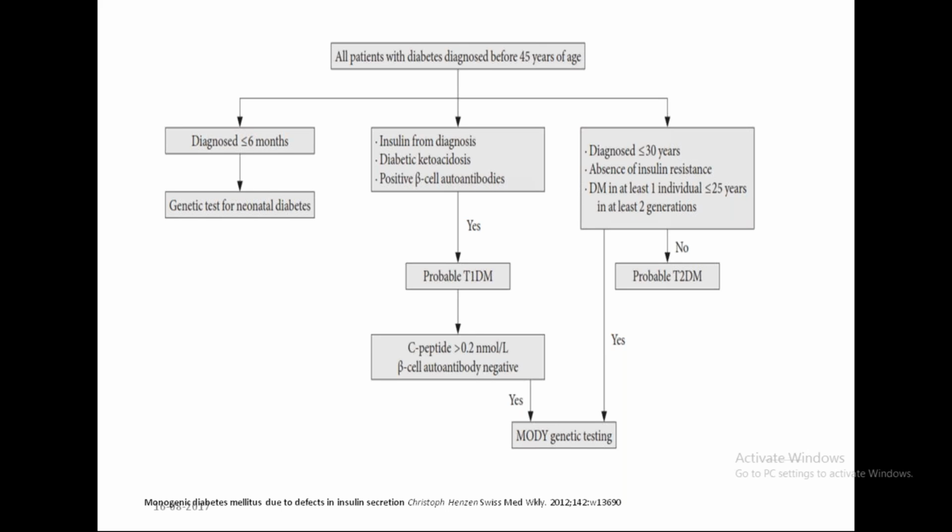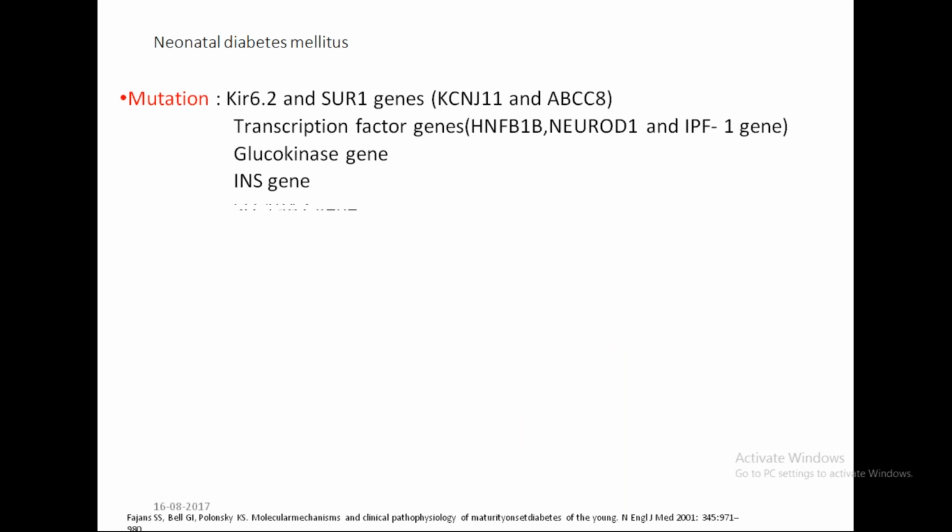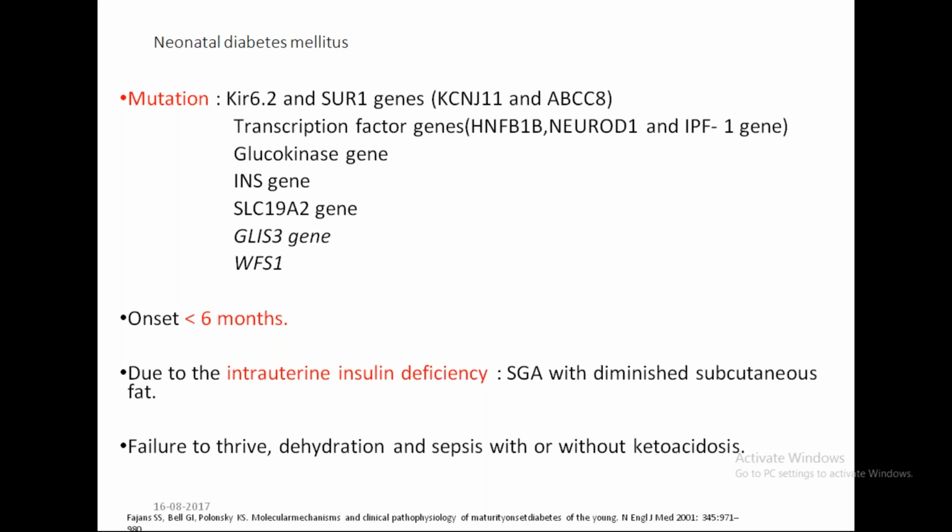If it is diagnosed at less than 30 years and there is absence of insulin resistance and diabetes in at least one individual of less than 25 years in at least the last 2 generations, then it might not be type 2, then think of MODY testing.